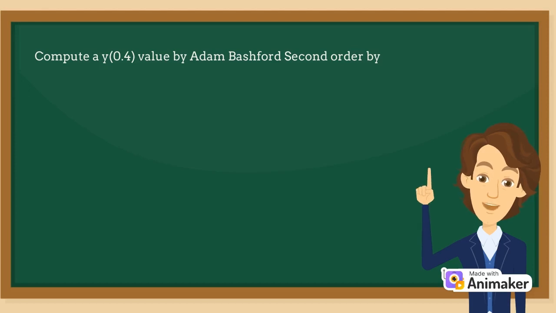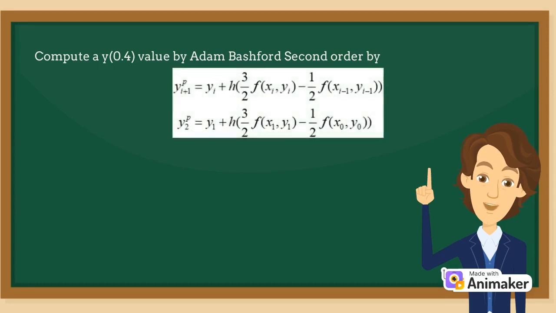Then, we may start to compute the solution of y2 when x equals 0.4. Given the second-order Adams-Bashforth predictor below, we calculate the solution y2 predictor using y1 equals 0.75923 and x1 equals 0.2 to first compute the function of x1 and y1, and the function of x0 and y0.